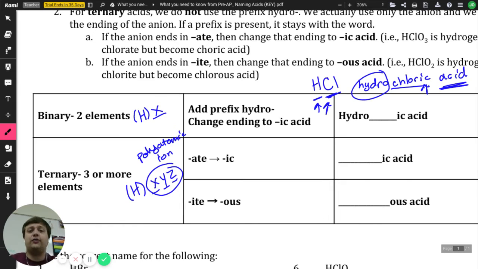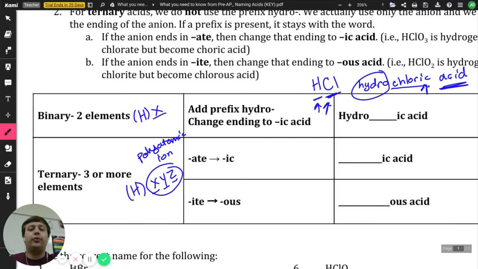So if I added hydro and in the polyatomic ion, the anion, ended in ate, then it would still say hydrochloric acid. Well, they're two different things, right? One's got the chlorine attached to just the hydrogen, and the other's got that polyatomic ion attached to the hydrogen, okay? So we have to make sure that we're keeping that in mind while we're looking through those, okay?